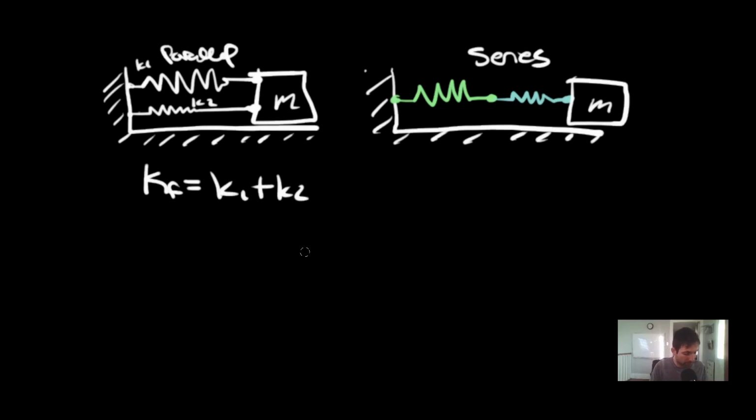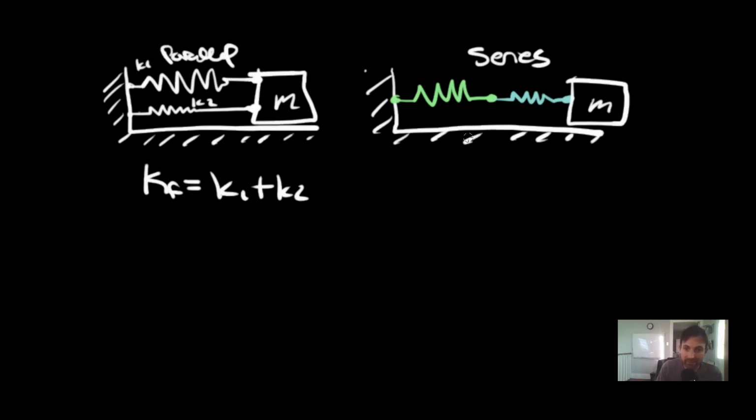So that was simple enough, right? If you have two springs tied to the same object, but the springs are not tied in series with one another, they're in parallel, they're to some datum and then they're to the object. The spring constants can be added together to be a new spring constant value.